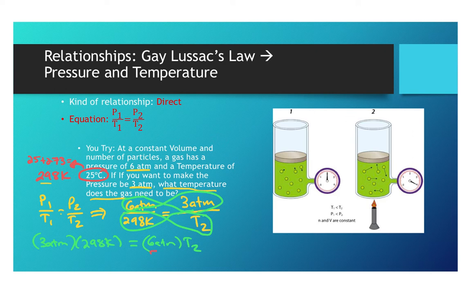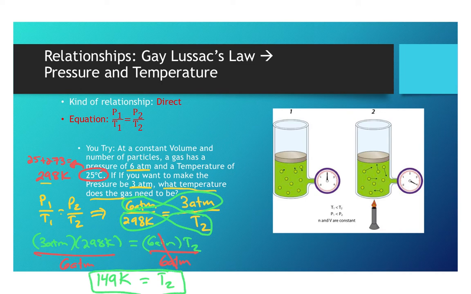So the way I do that is divide both sides by 6 atmospheres. 6 atmospheres cancels on that side. And so I end up with a final answer of T2 equals 3 times 298 divided by 6, which is 149 Kelvin.